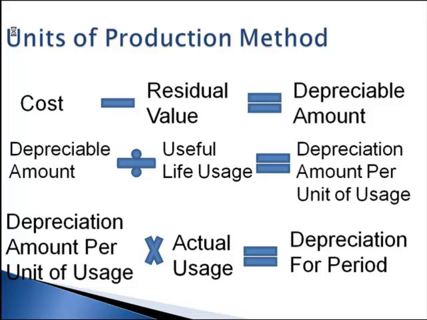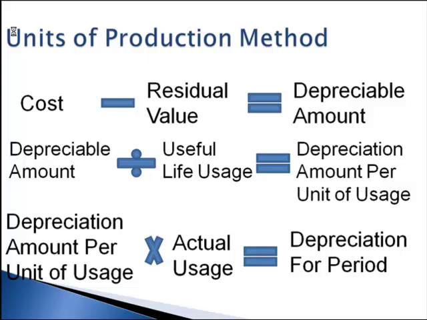And we see that there's a 3-step process that we need to go through in order to calculate our depreciation for that. The first one is just like the straight line depreciation method. We have to calculate our depreciable amount, and we'll be given a cost and a residual value, and our cost minus our residual value will give us our depreciable amount.